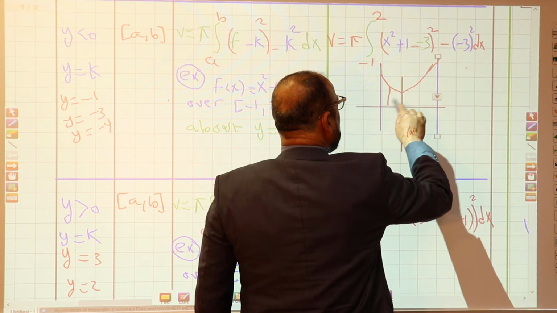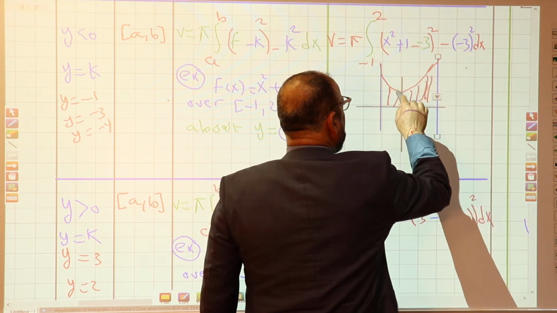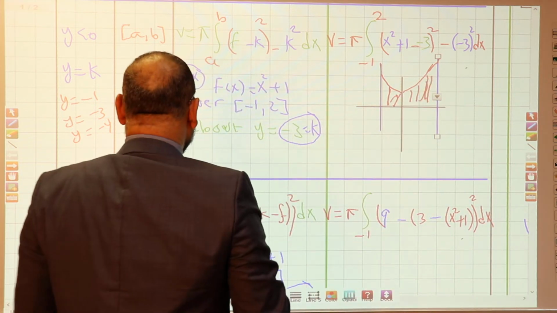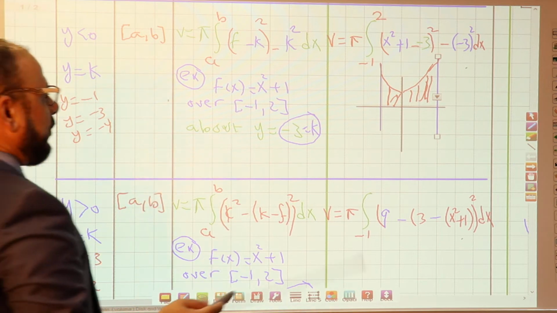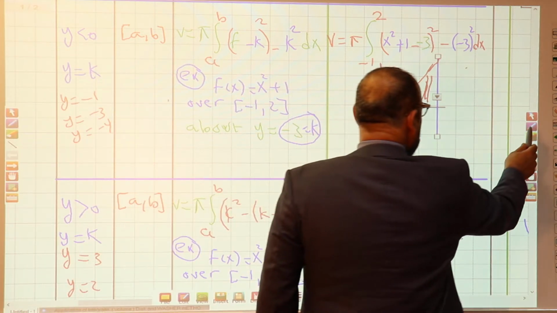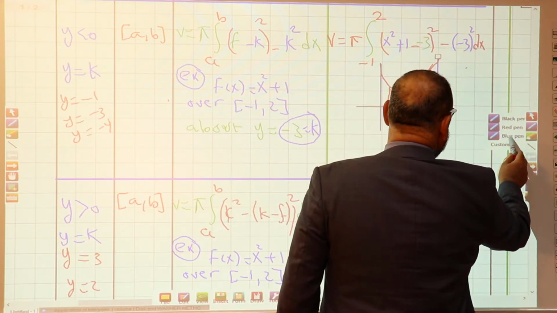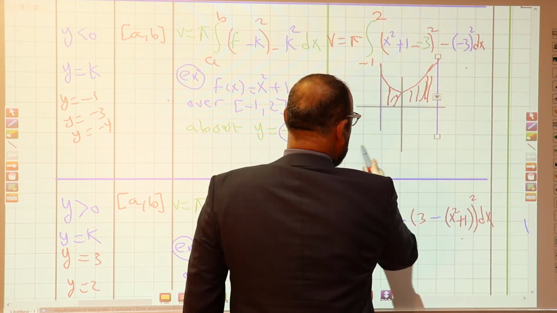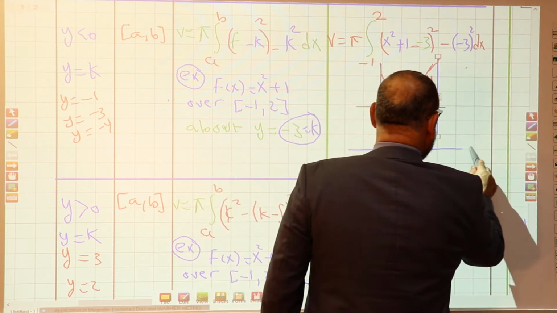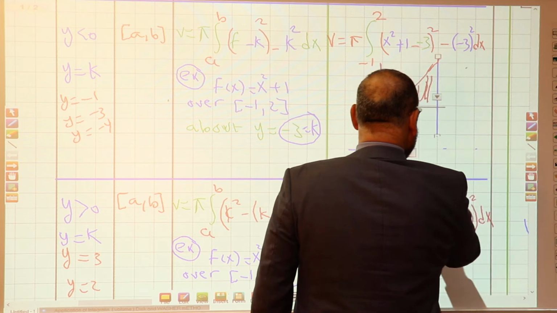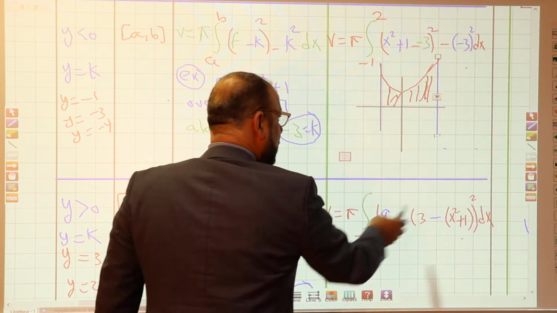Then the area I want to revolve is this area, about what line? Negative 3. My line is negative 3 here.